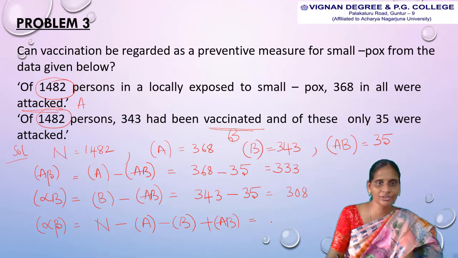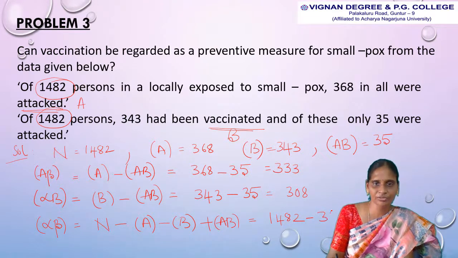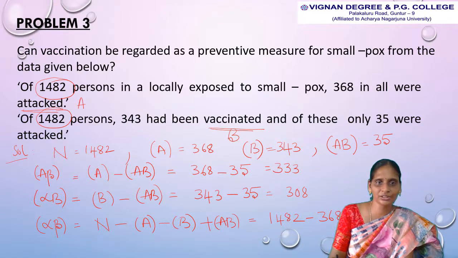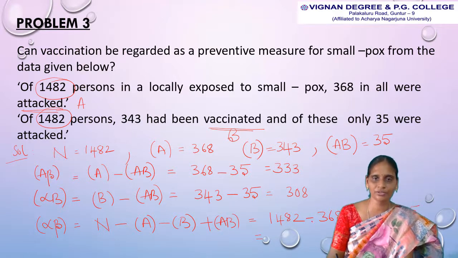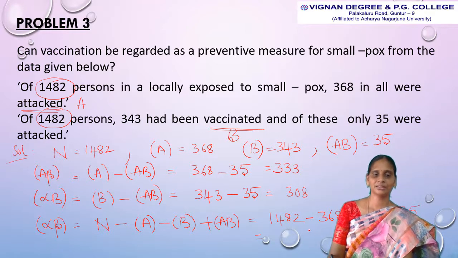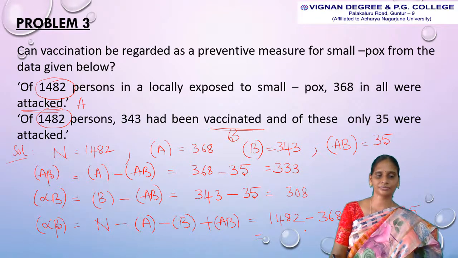So the value of N is 1482, minus frequency of A, 368, minus frequency of B, 343, plus frequency of AB, 35. So we get 1482 minus 368 minus 343 plus 35. We get here 806.